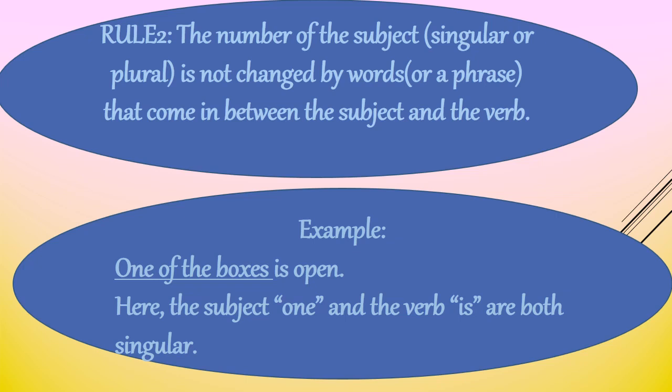It means here the subject is only one box, that is, one. And that's why the verb is also used in the singular, because the words between the subject and verb do not change the subject.